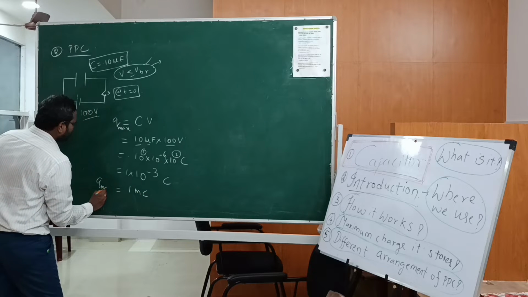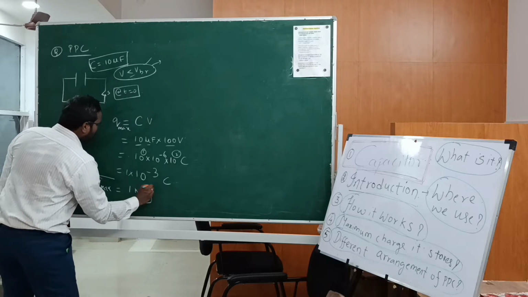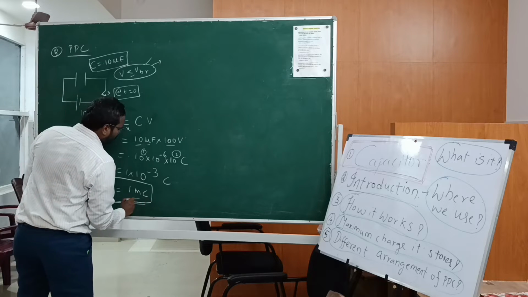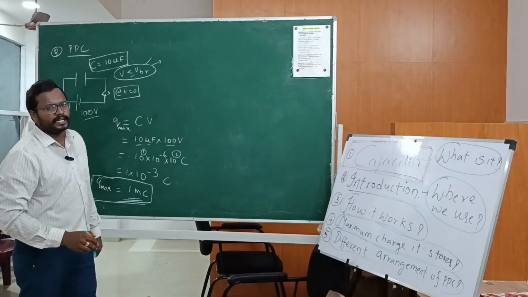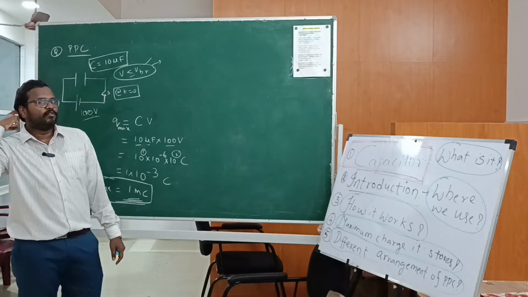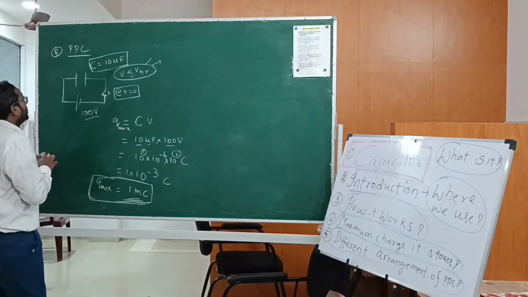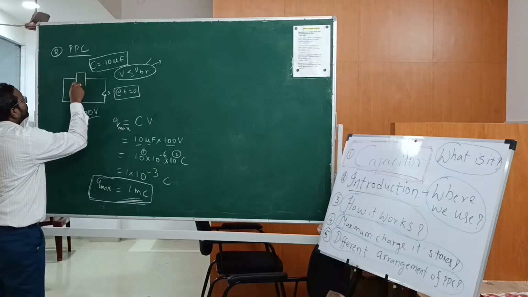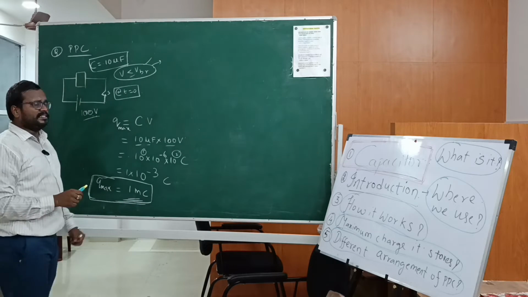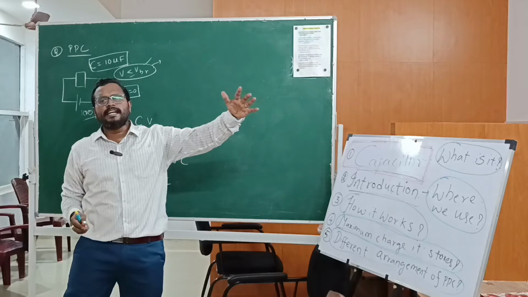In the same question, they can ask: if 1 millicoulomb is taken, how much should be the value of the dielectric constant, so that I can change the medium present between the plates and the charge is increased by 100 times?